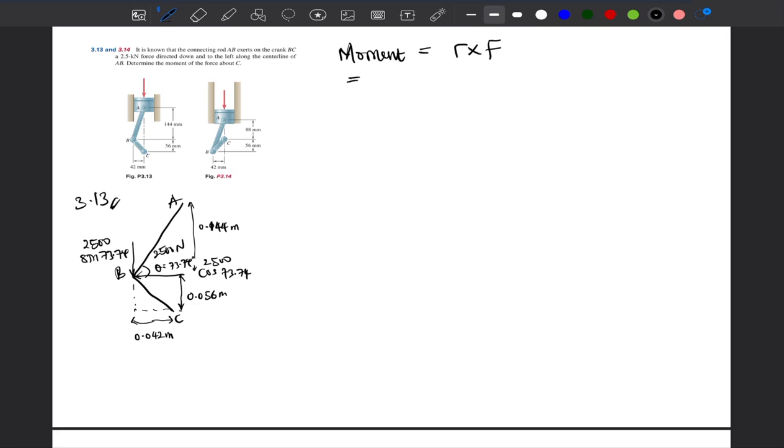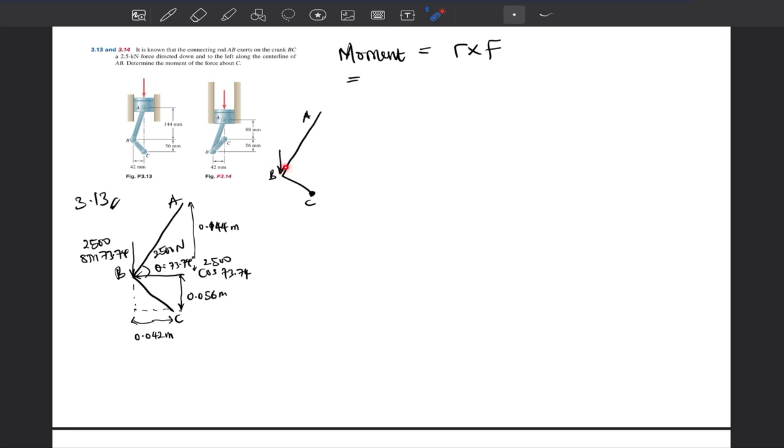So the first thing we are going to take is, let's take a look at our vertical components and look at the direction in which our force is going to act. So we can draw that out. A, B, C. If you have this force acting this way, like we said, we are going to take this C as nailed here, and we have rigid body A, B, C. If it is nailed at C, and we have a force acting at B, in which way is it going to tend to move our rigid body?